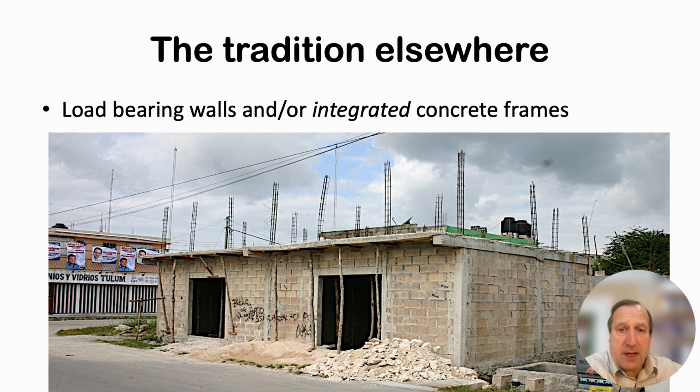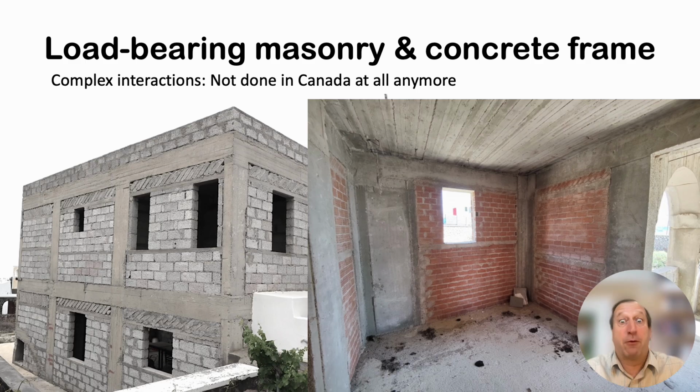If you look outside of North America, you'll find a lot of buildings that look like this, that integrate the load-bearing masonry walls with load-bearing superstructure. This mixing of two different systems together is really frowned upon in Canada and the United States because it's so hard to predict how it will perform.